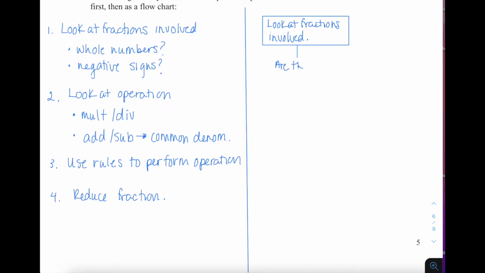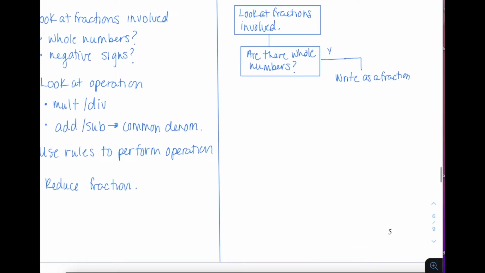And if the answer is yes, what we're going to do is we're going to write all the whole numbers as a fraction with denominator of 1. Okay? And if not, we're just not going to do anything.